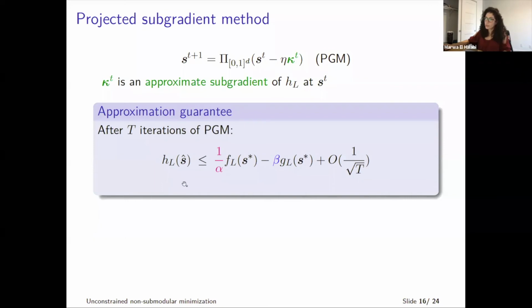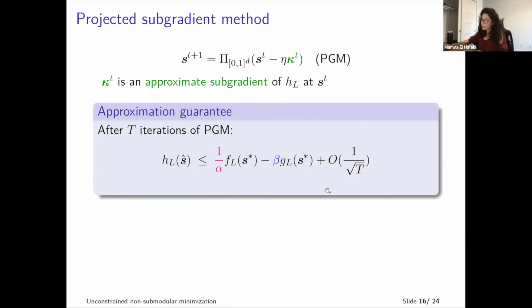After t iterations of this algorithm, we can guarantee that the value of the Lovász extension at this vector will be at most this multiplicative, or bifactor, approximation of the optimal solution, plus some additive term that will go to 0 as t grows. We're not going to worry too much about the additive term. If you run the algorithm enough, it will be small enough. The main thing is this multiplicative term.